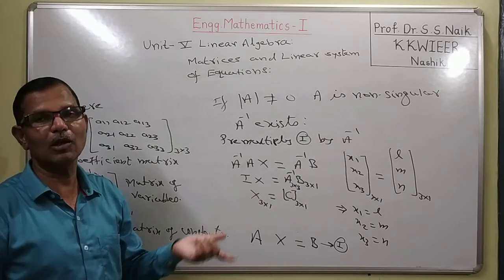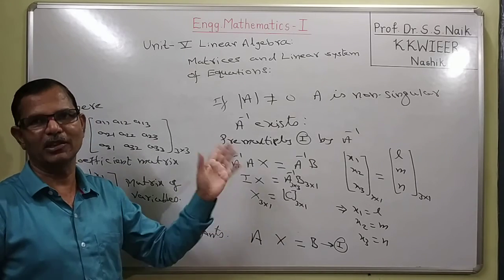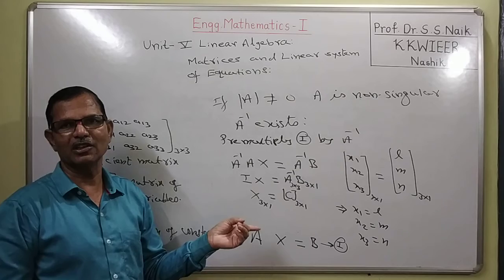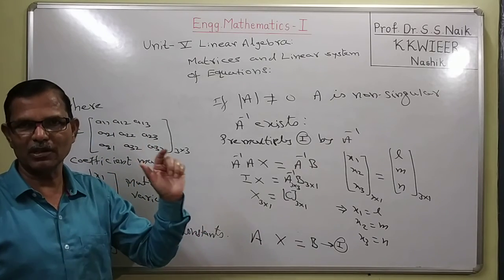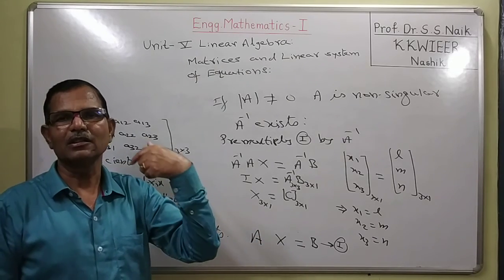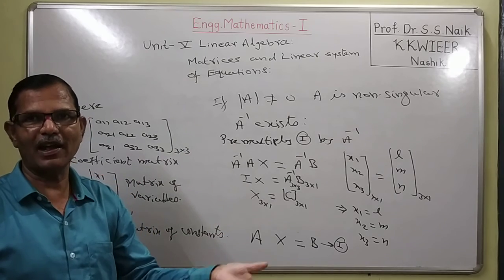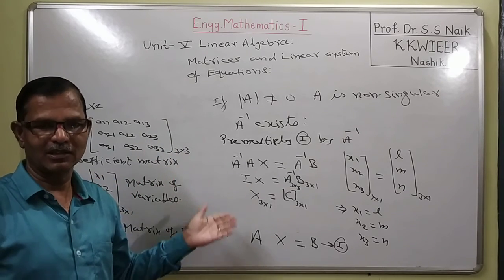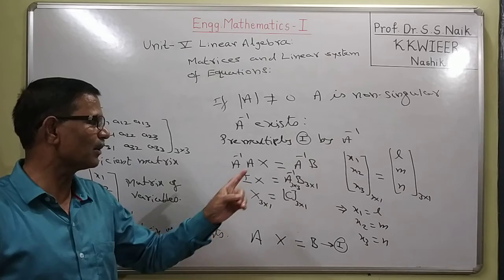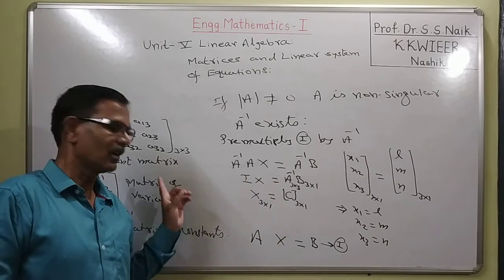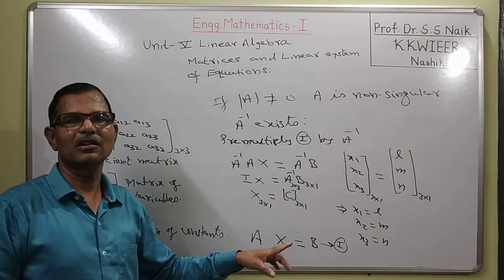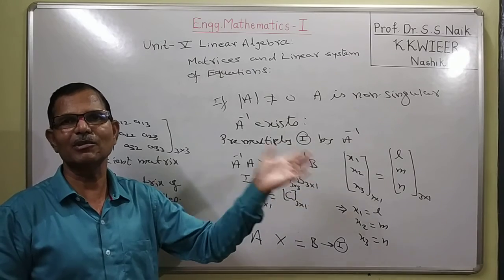Therefore we have to go for an alternative method, which is finding the augmented matrix and then the rank of the augmented matrix and the rank of the coefficient matrix, and seeing whether they are the same.